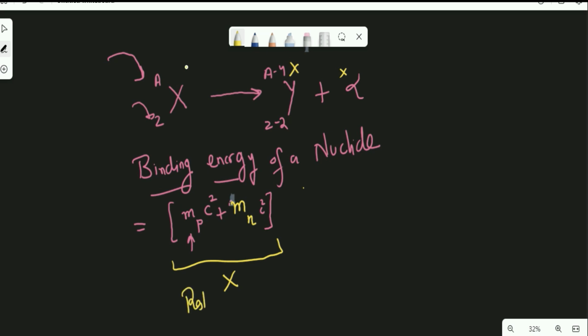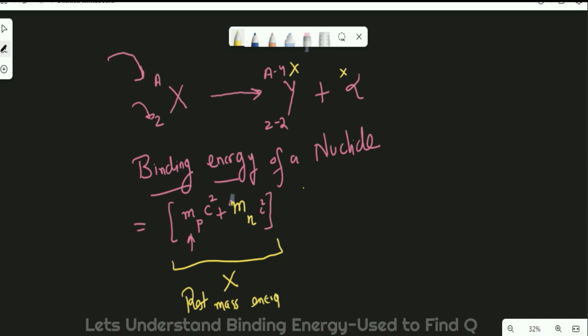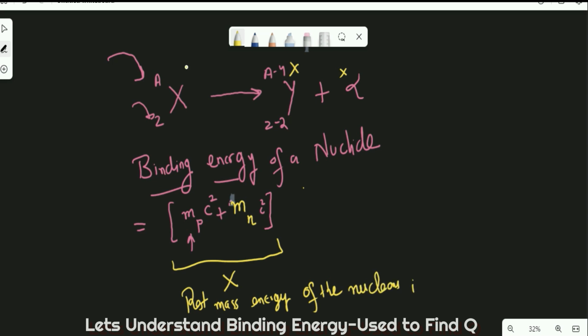Rest mass energy of the nucleons inside the nucleus of X. Now calculate the mass of X nucleus.